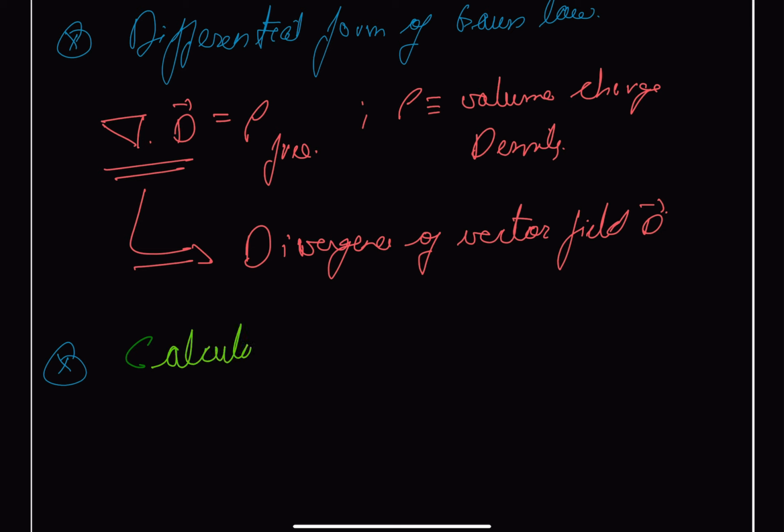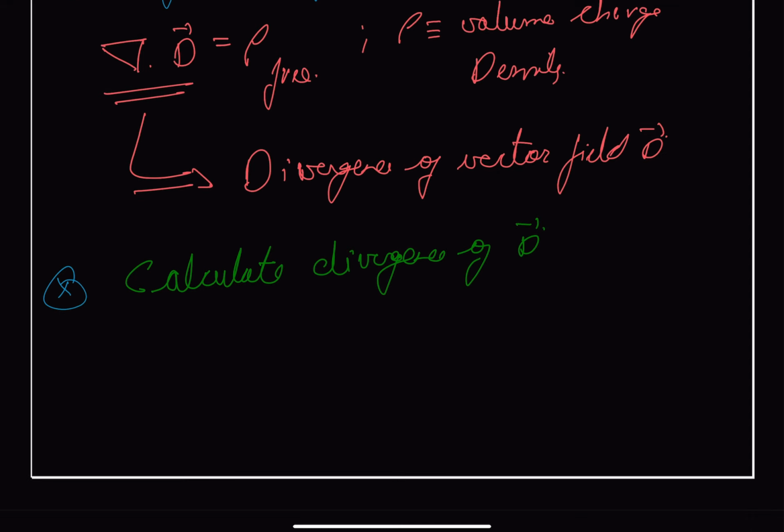Calculate the divergence of our flux density, and which gives us that the charge density is equal to the partial derivative of density component wise.